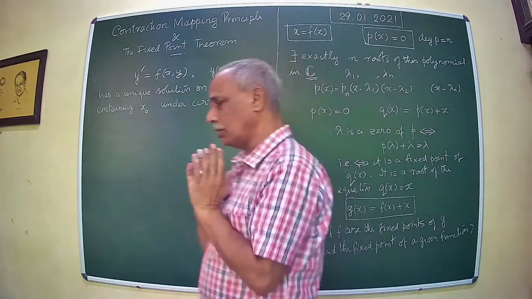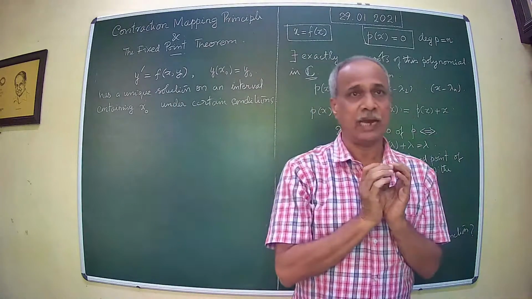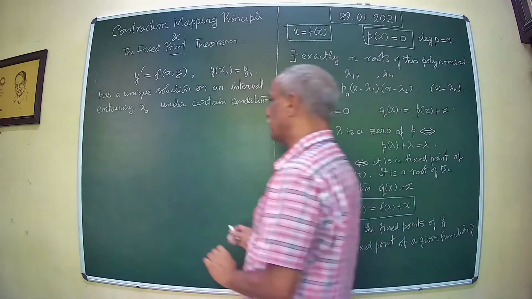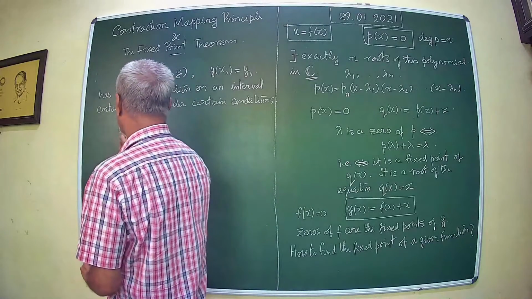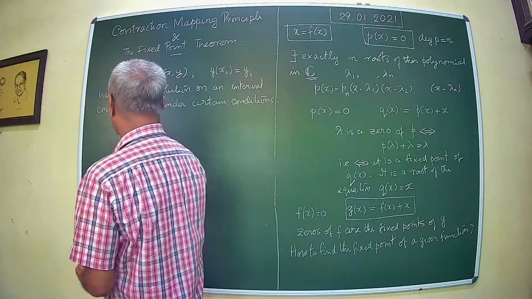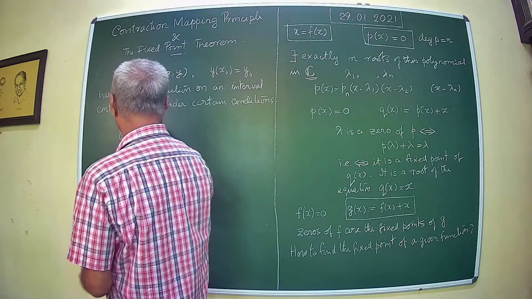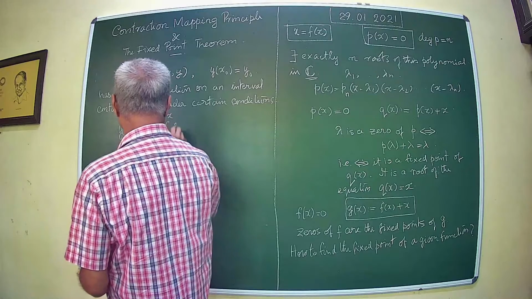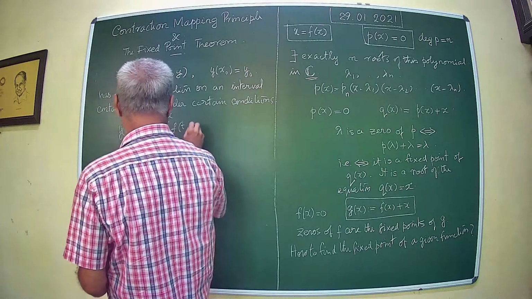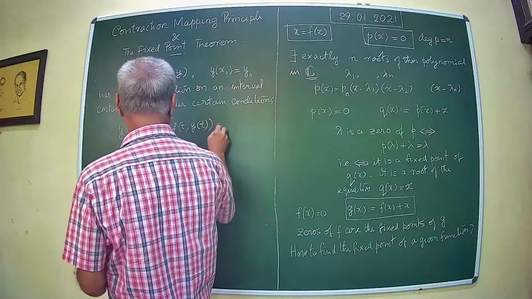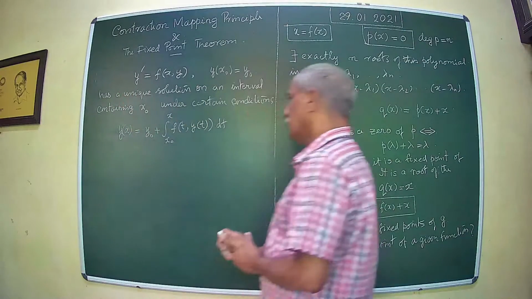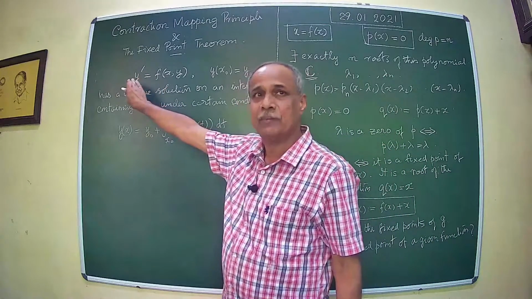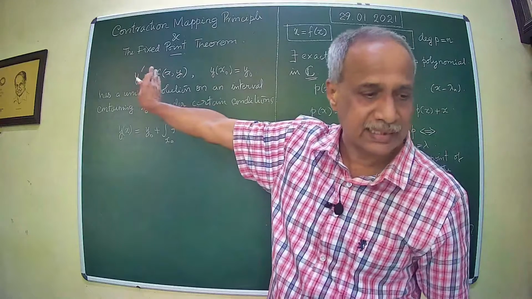You all recall this is approached by converting this problem into an integral equation, because you can see that formally this can be written as an integral. Now if you look at this integral equation, all that I am doing is this. I am assuming y(x) is a solution.